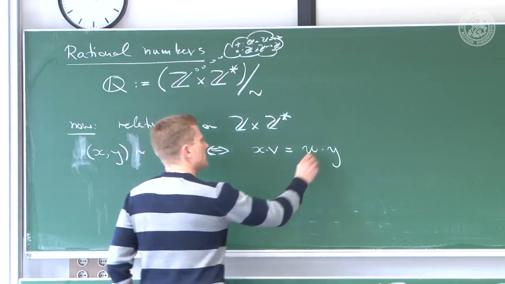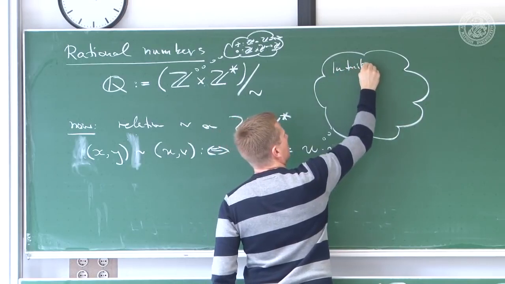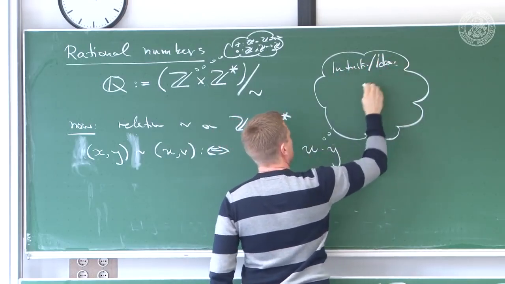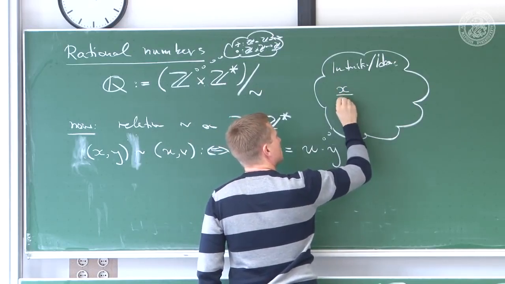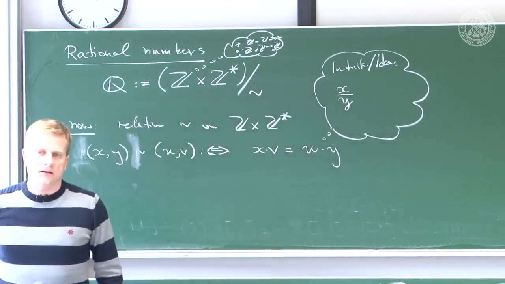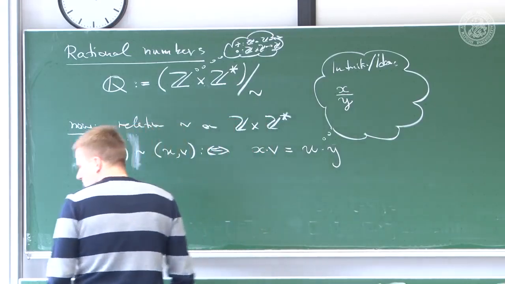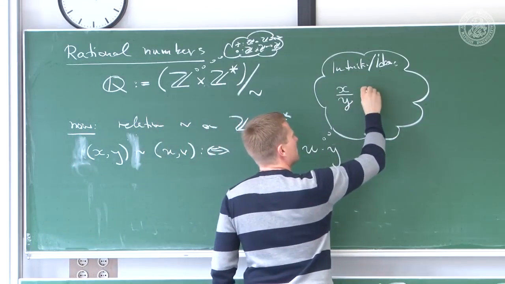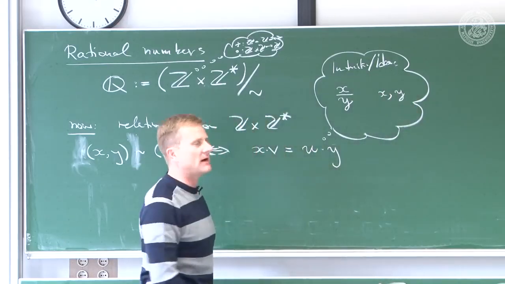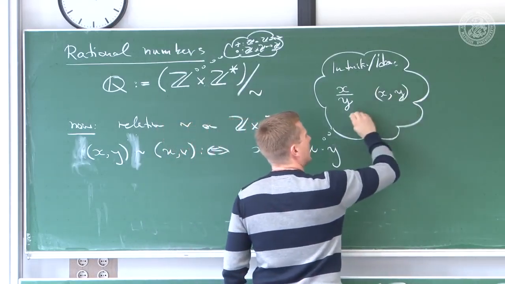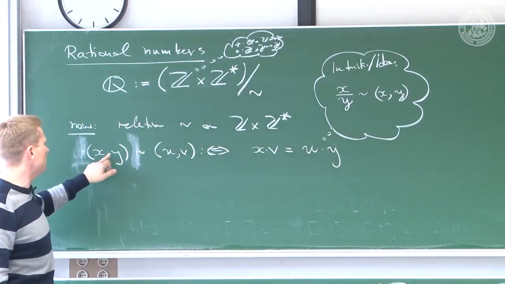And the idea behind this, again, that's the intuition, is that in elementary school we write the fraction x over y. This fraction thing morphs into a comma, and the x and the y stand on the left and the right of the comma, and we would like to identify the fraction with this pair. So this is numerator, denominator.